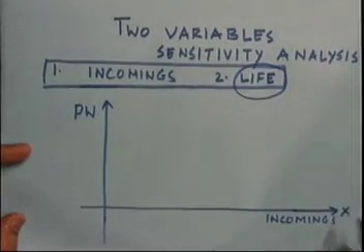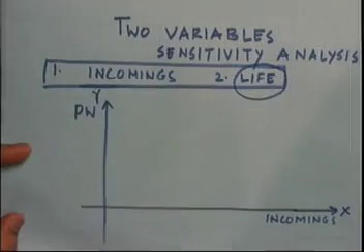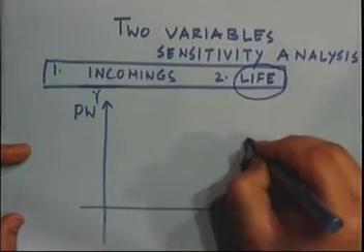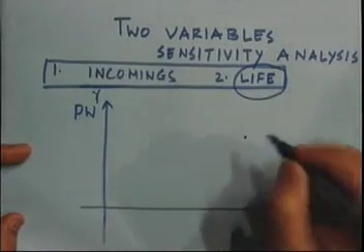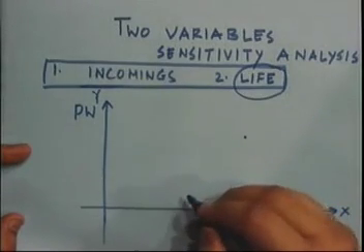So, on x axis I have got incomings, on y axis I have got present worth or net present worth. Now, I fix the life, let us say at 10 years.